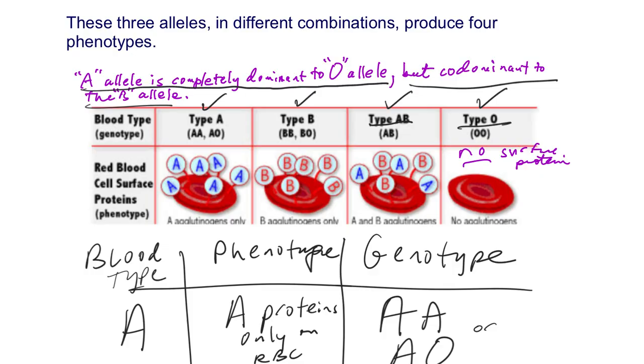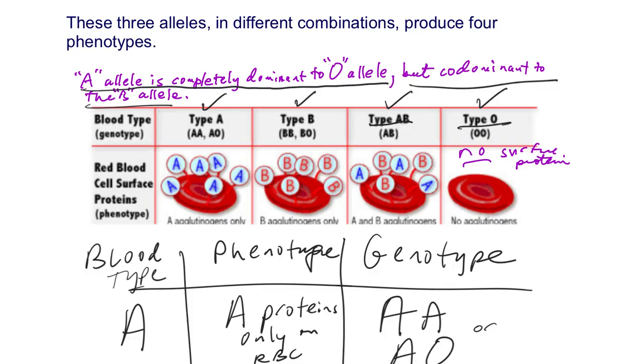And you get the same thing with a rose. For the incomplete dominance example that I just gave you, if you have both the red and the white allele, you're going to make the red protein and the white protein, and that's going to show up as pink.